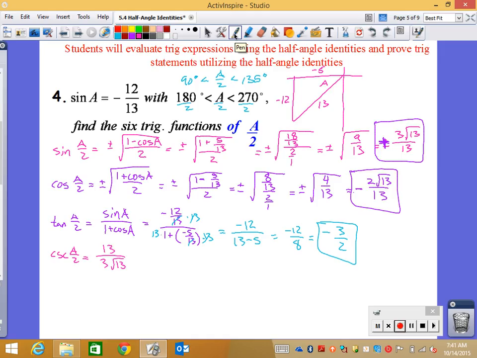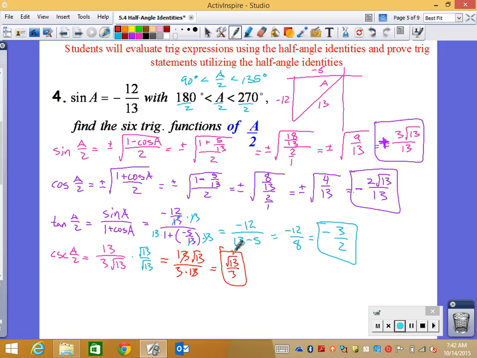So I'm going to multiply top and bottom by root 13. What happens when we do that? We end up getting 13 root 13 over, I'm going to write this as 3 times 13. My 13s cancel, and I'm getting root 13 over 3.